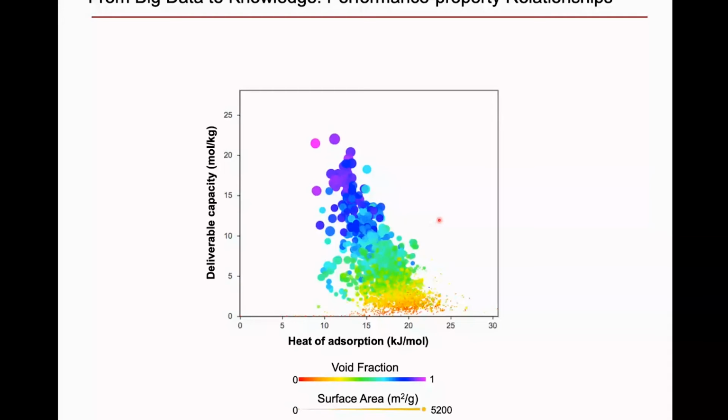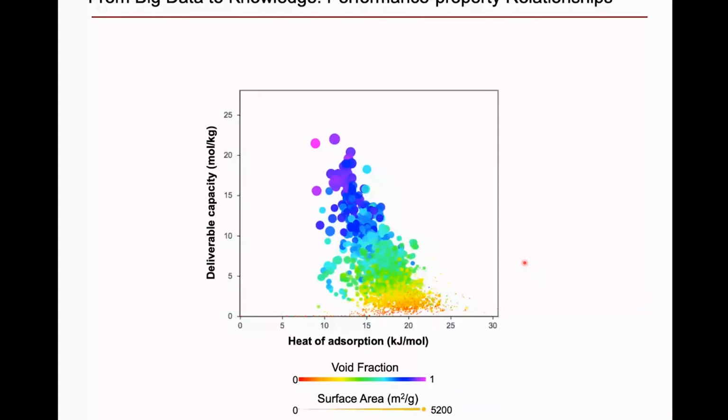So if my experimentalist friend comes to me and says, I have made a completely new MOF material, and asks me, okay, how do you think it will perform in the context of this particular application, oxygen storage?